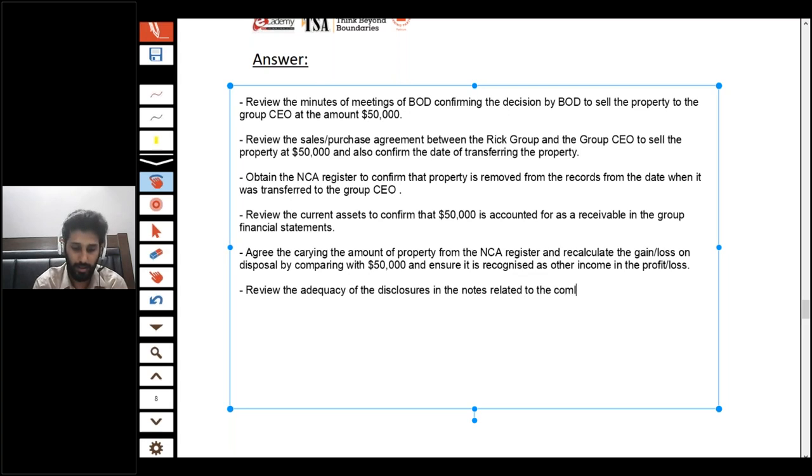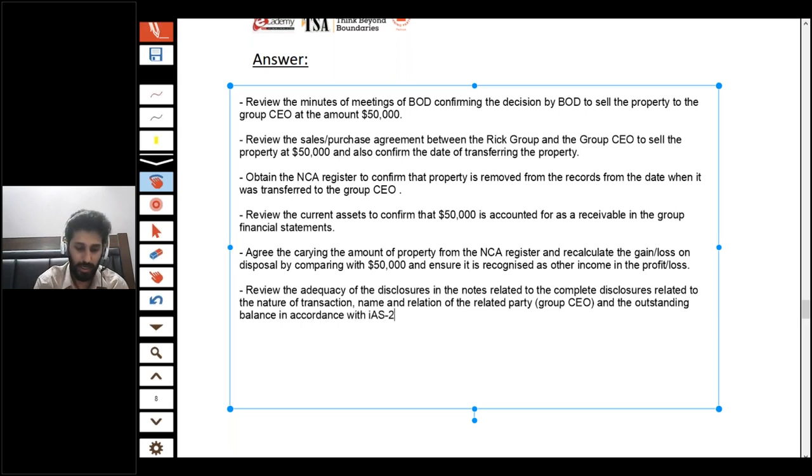related to the complete disclosures related to the nature of transaction, name and relation of the related party, that is group CEO, and the outstanding balance, in accordance with IAS 24.